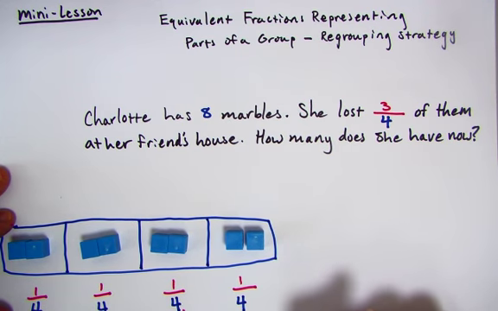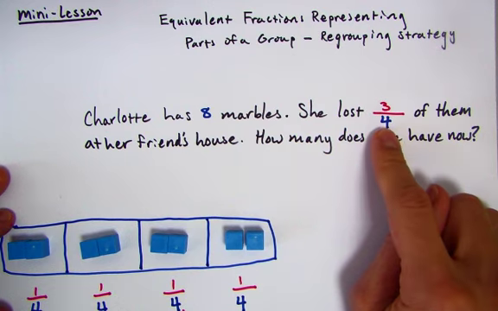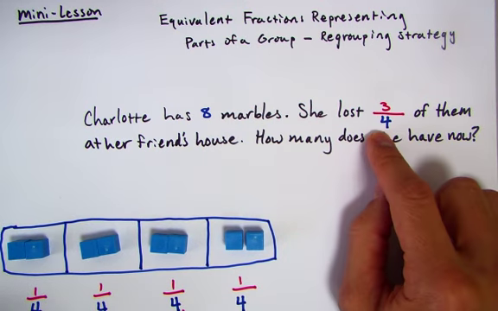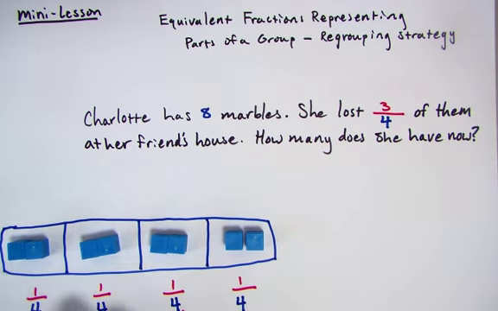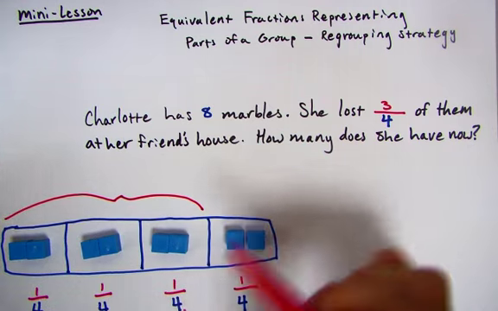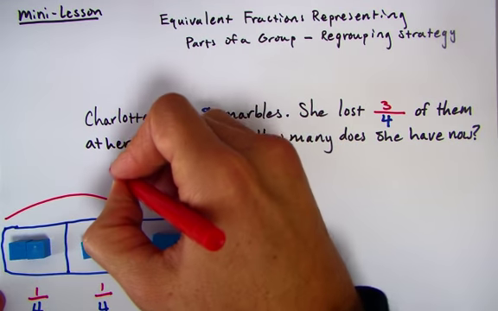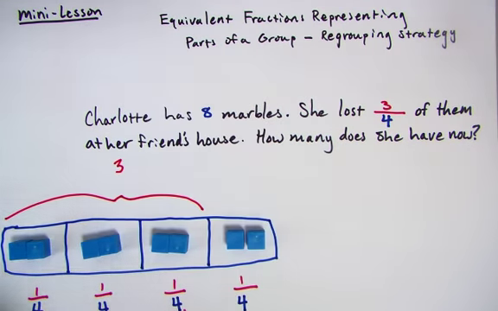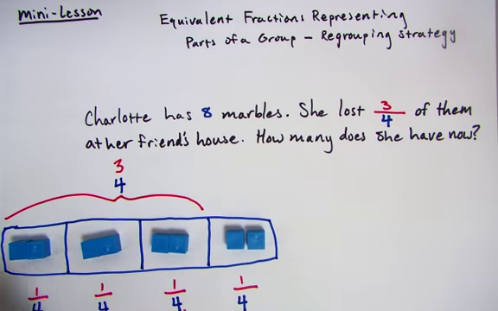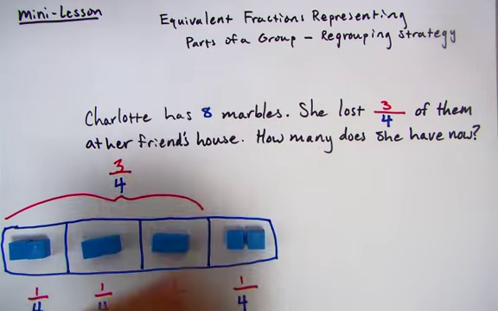So now, can I answer this question and find out what is 3/4, or how many did she actually lose? She lost 3/4 of her marbles. Do you see 3/4 here? Yes, you do. This right here is 3/4. Oops, there we go.